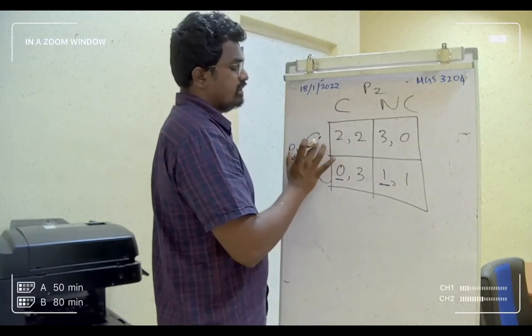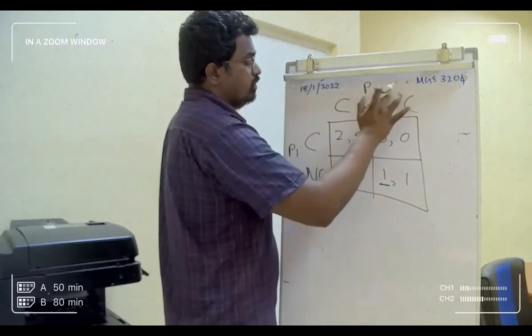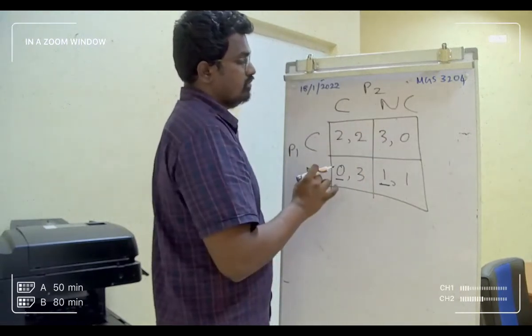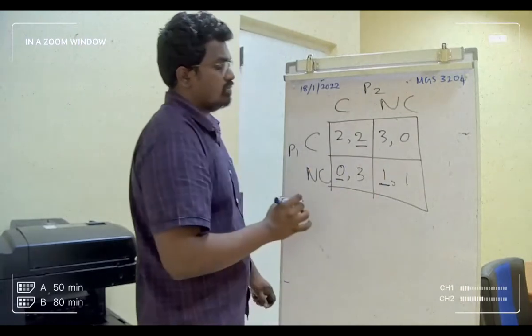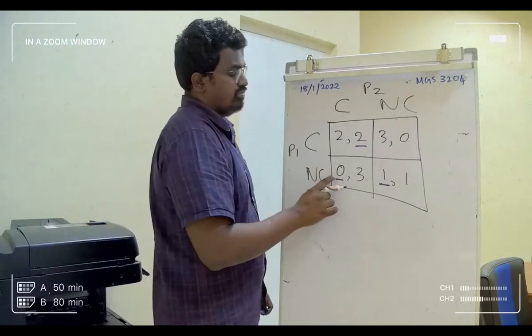If player 1 says confess, then for player 2, confess: 2. Why 2? Because when we look at player 1, for player 2 there are 2 and 0 as the alternatives. Within that, 2 is a greater payoff.